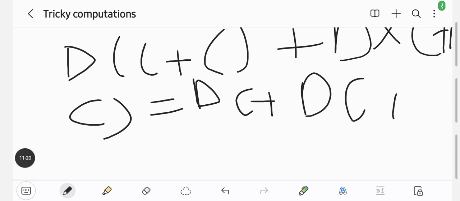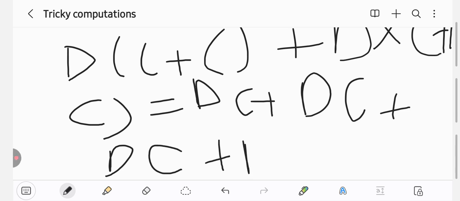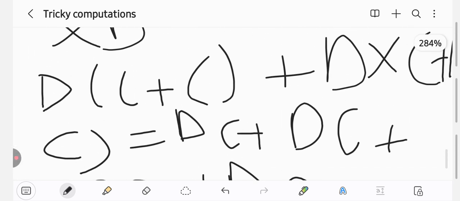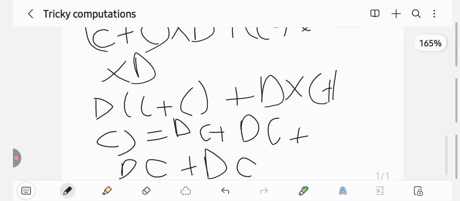Now I can rearrange it as CD plus CD plus CD plus CD, because when you have D times C and C times D, it doesn't matter. We cannot literally do anything from this thing. We have nothing to do here, you just add them, and whatever you do, it just adds.